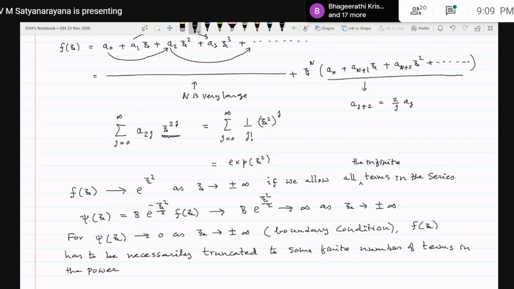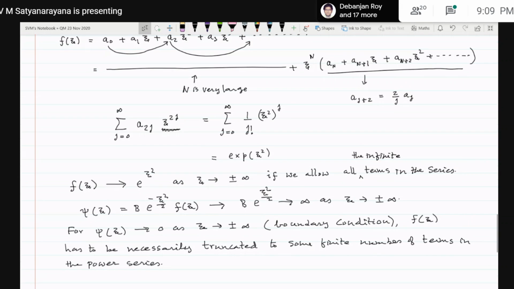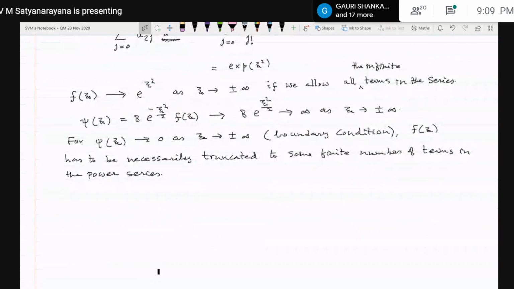If you don't truncate, then we have this difficulty that the wave function will diverge. So how do we truncate this?